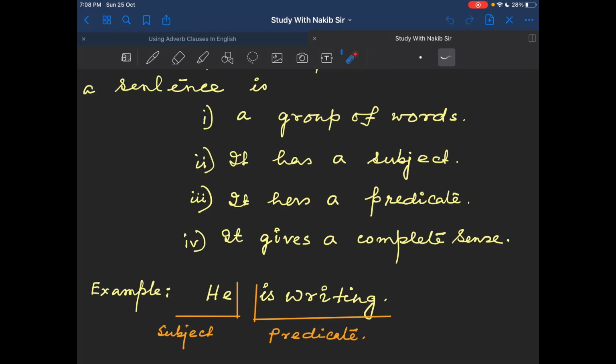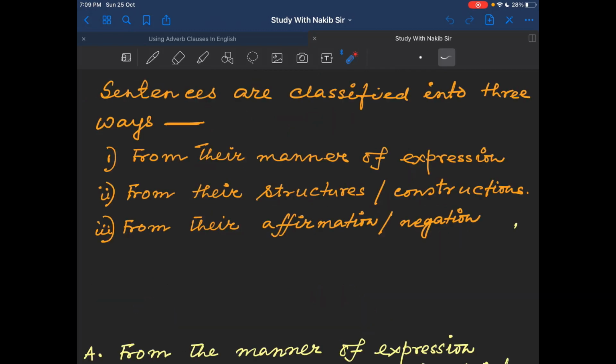Now see how the sentences are divided. Sentences are classified into 3 ways: from their manner of expression, from their structures or construction, and from their affirmation and negation. Now we'll discuss all these points one by one for the clarification of your concept and learning.